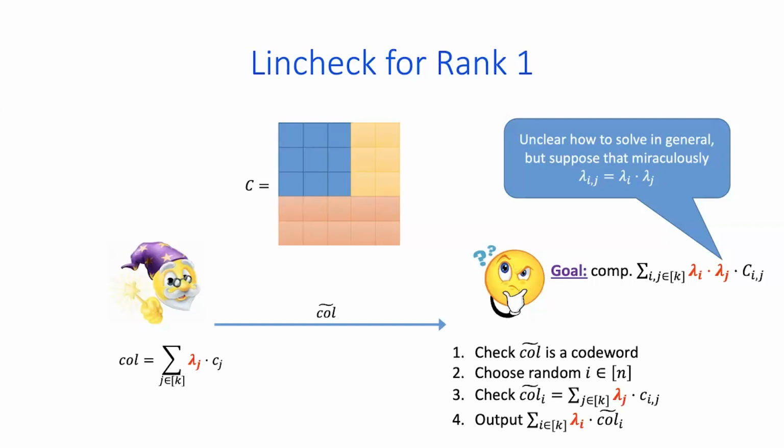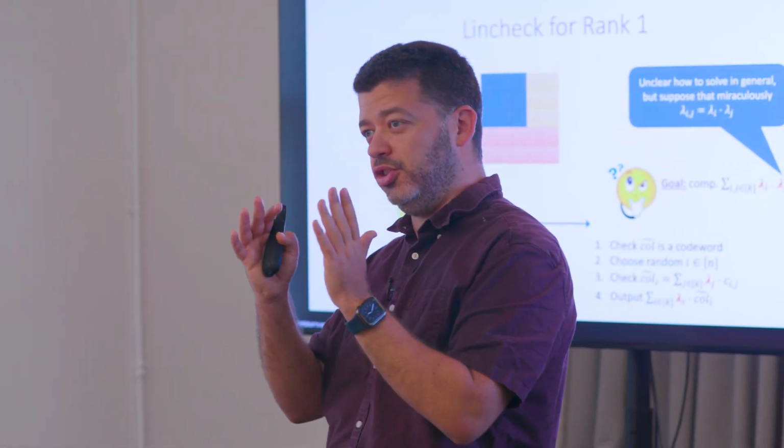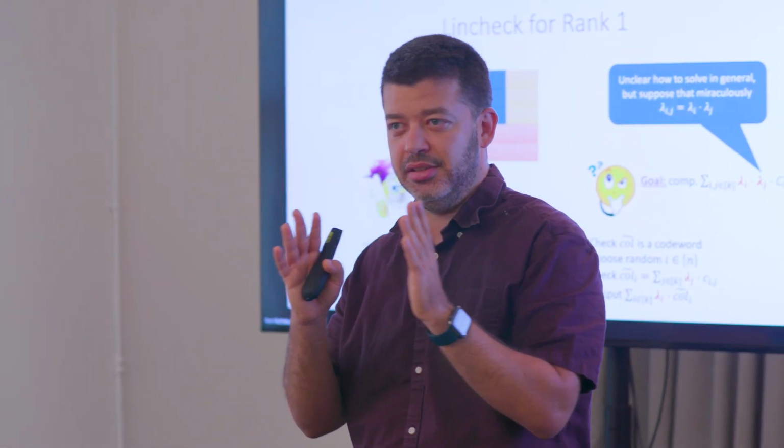Now this test checks that at random locations, col I agrees with the ith row. When I compute the ith row, I should adjust with the corresponding coefficients, and when I compute the sum of the entries of col tilde, I should also adjust with the corresponding coefficients. So as long as my coefficients have this nice structure, I'm in business.